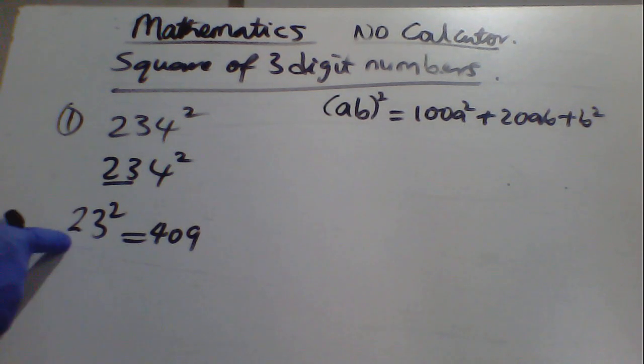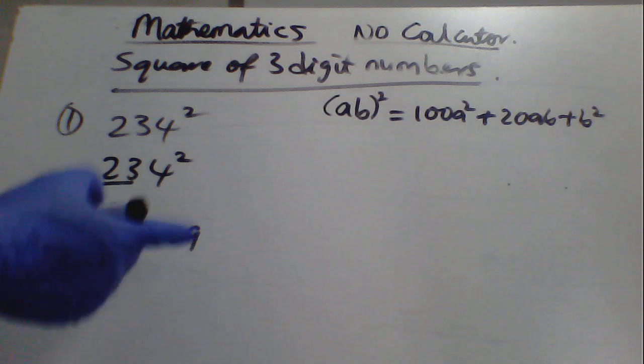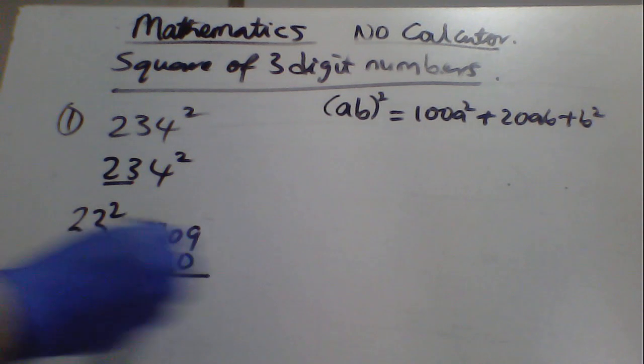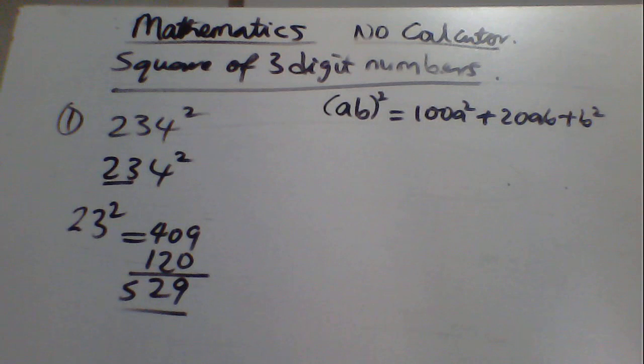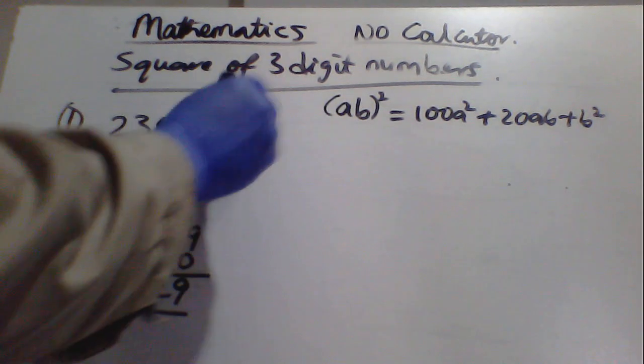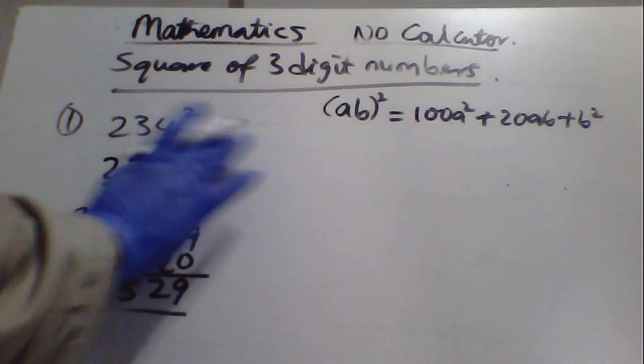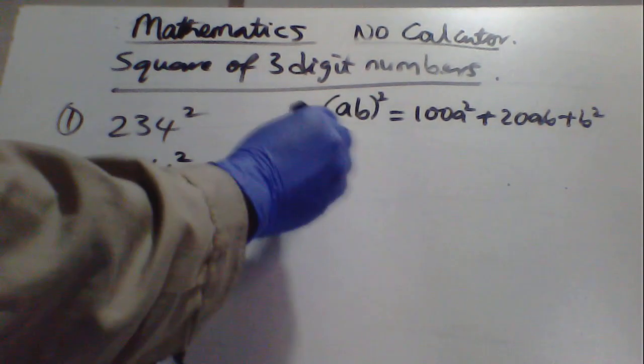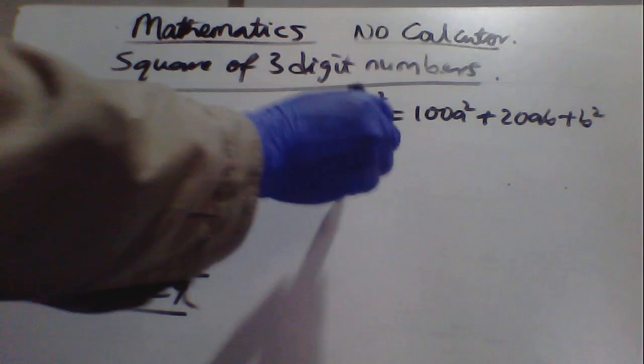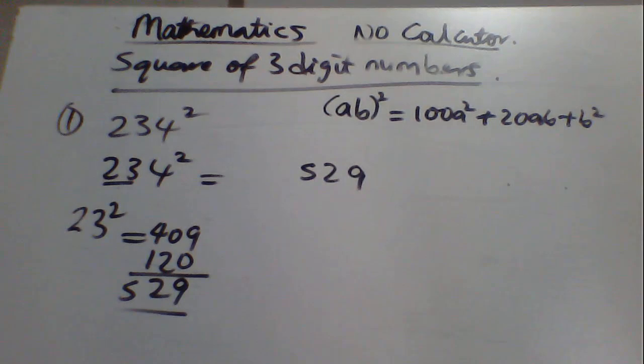Then 2 times 3 will give us 6, times 20 will give us 120. We have 529. We have done that immediately. So once you have done that, you bring it here. You have 529 as the first squaring of this number.